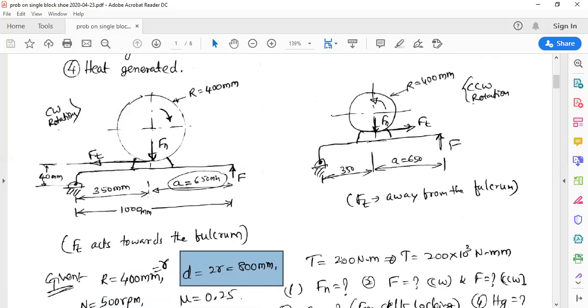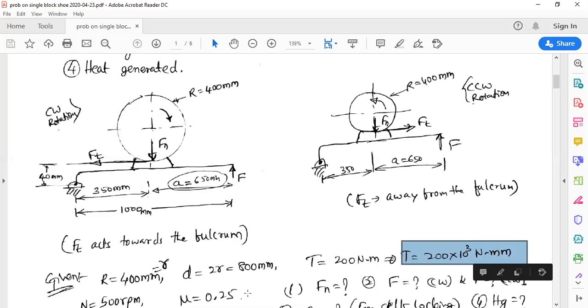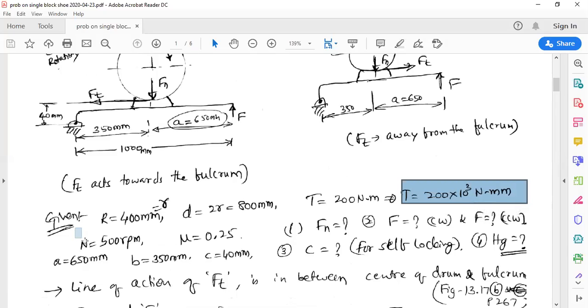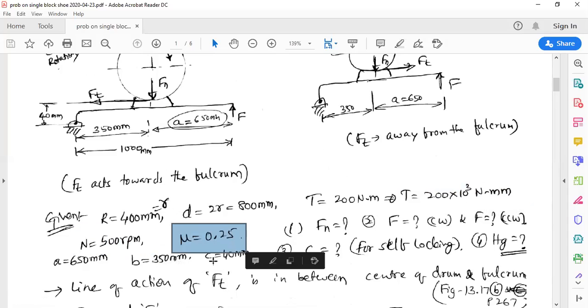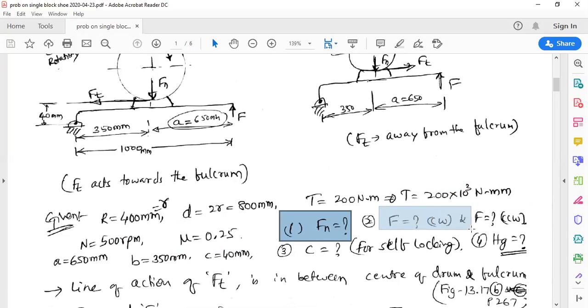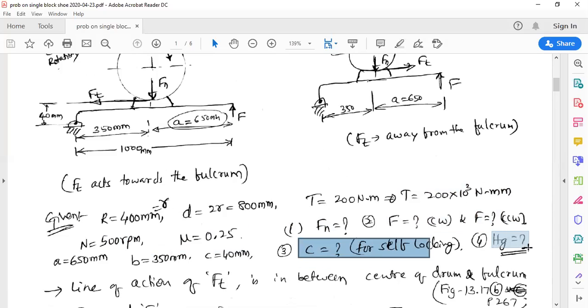Torque T is given as 200 Newton meter, which in Newton mm is multiplied by 10 raised to 3. The drum speed is 500 RPM, and mu, the coefficient of friction, is 0.25. We have to determine the normal force Fn, F for clockwise rotation as well as for counterclockwise rotation, C for self-locking, and the heat generated.